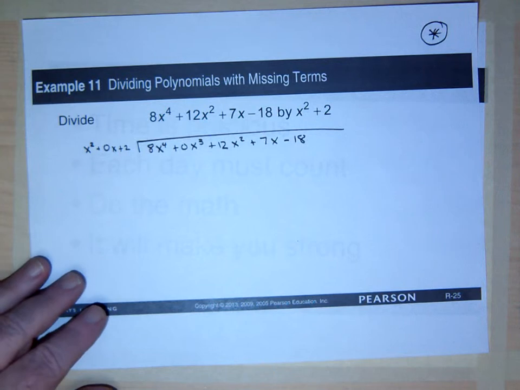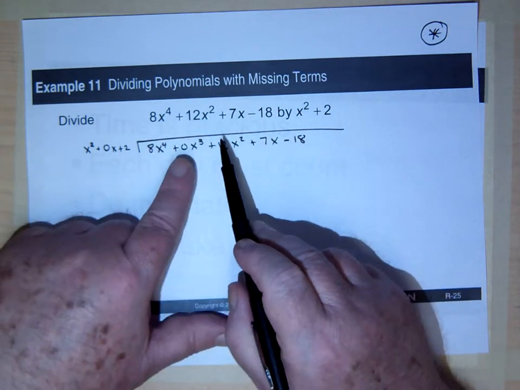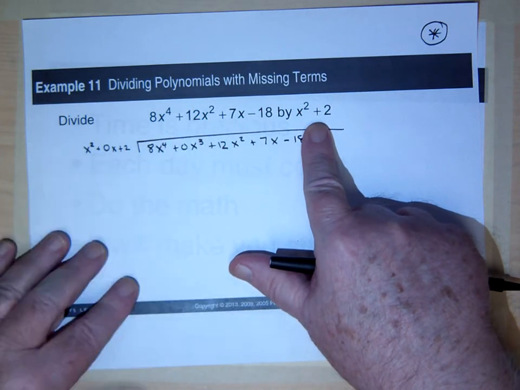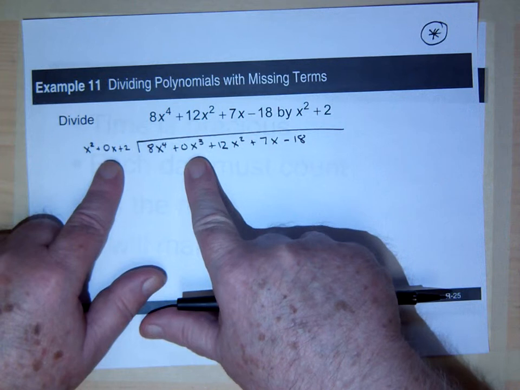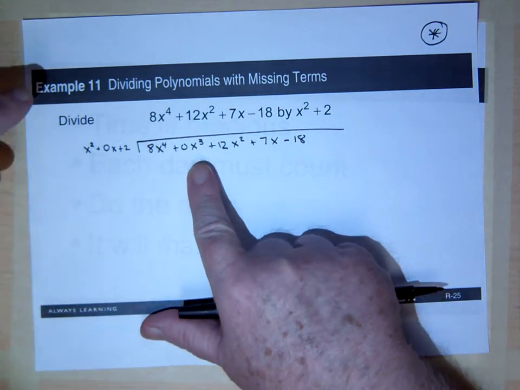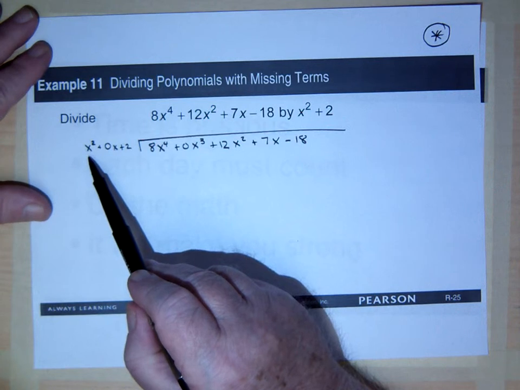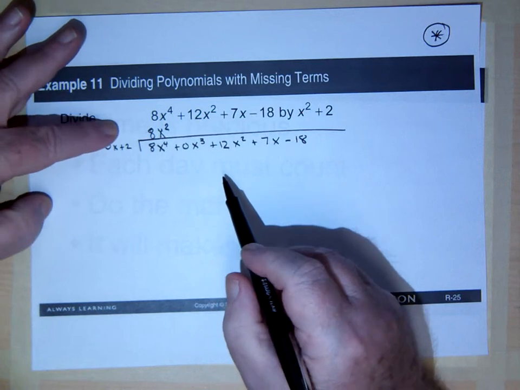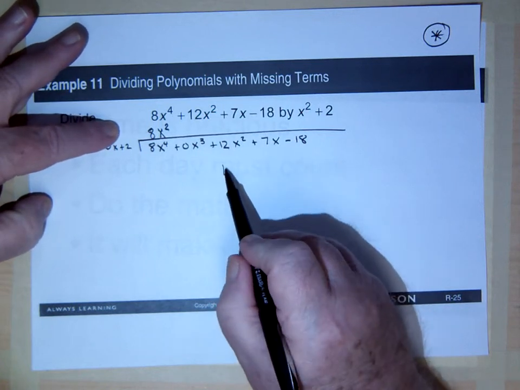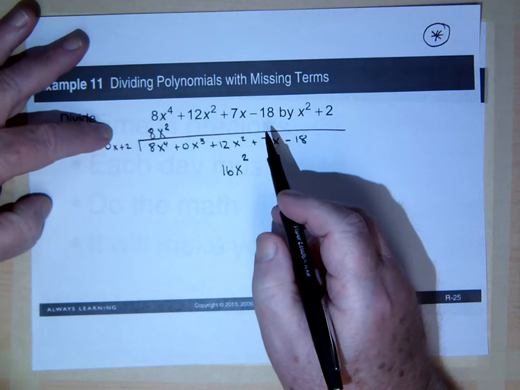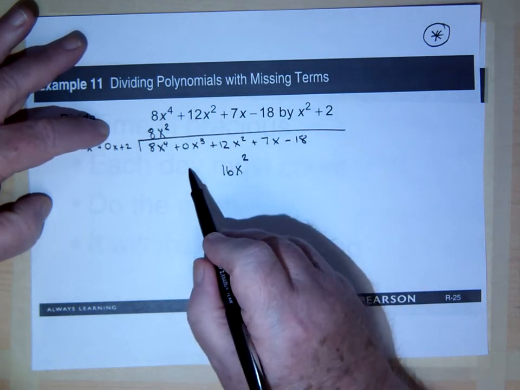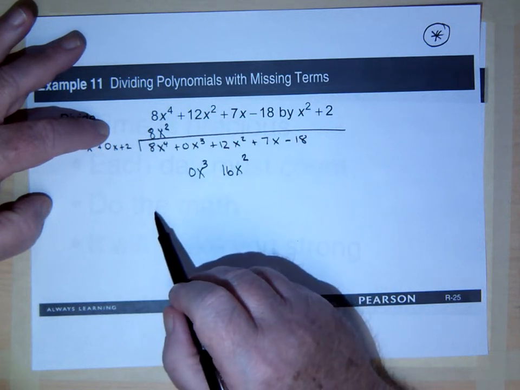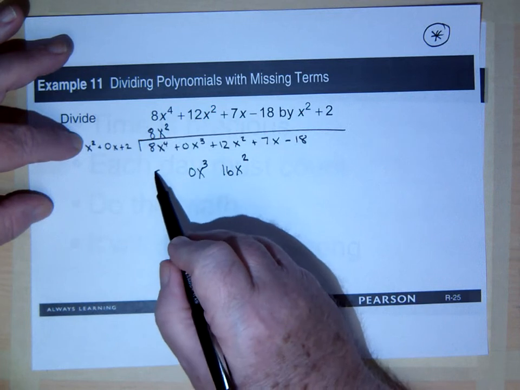Now sometimes there's a missing term. Here, for example, you see there is no x over here, and here you see there is no x cubed. So it's convenient to replace those by 0 just so we don't get confused. So we're going to divide. x squared goes into this, and we would then multiply. So we get x squared, we get 0x cubed, and we get 8x to the fourth.